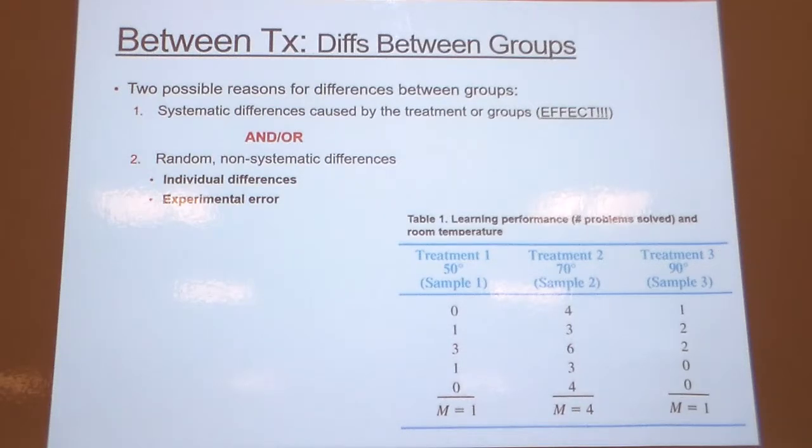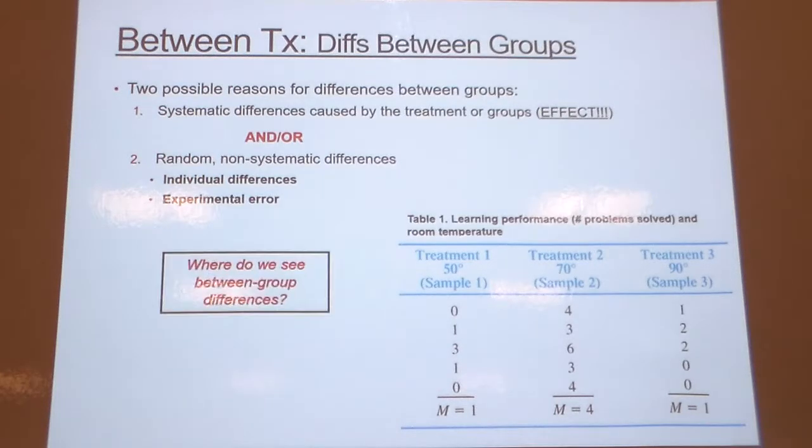We could have things like experimental error. Maybe every time we ran this group, someone was beating on the ceilings or ducts and was distracting. This is the stuff that we don't know about. So to look at our between group differences, we're looking at variability across the group-based scores.